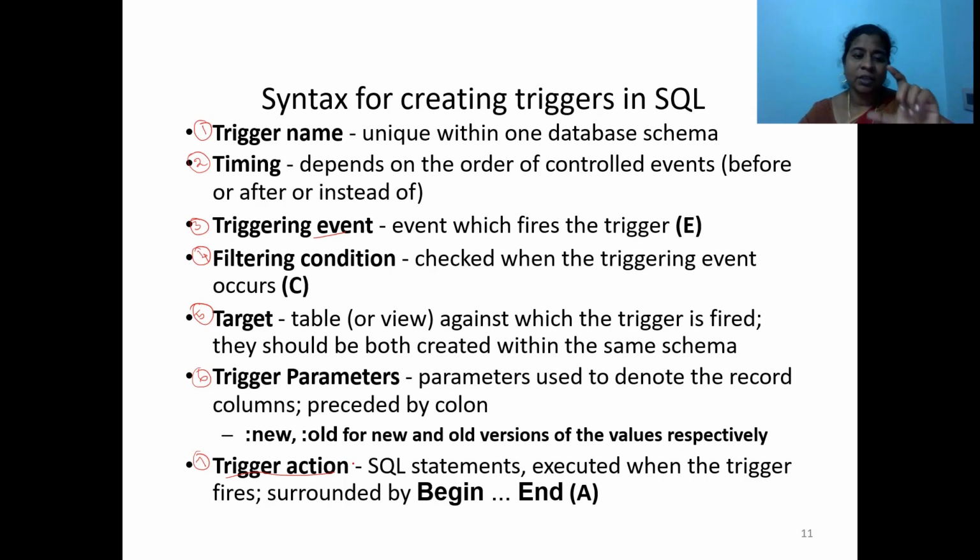And this set of actions has to be written within begin and end. Are you able to understand? So when the triggering event fires, that is when the condition is satisfied, what you actually want to do has to be given within this begin and end. Okay, so the action statements have to be given within this begin and end.